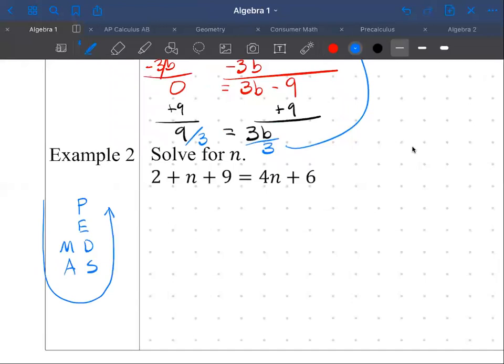So PEMDAS means, if we're doing this in words, simplify each side first, then solve.